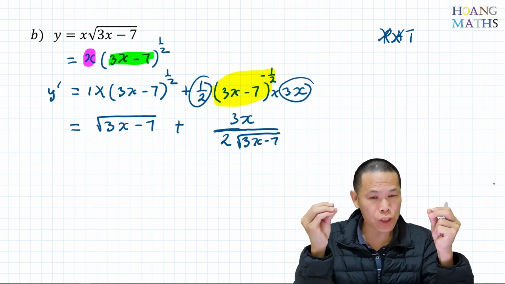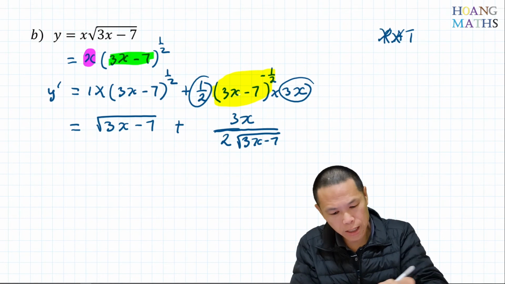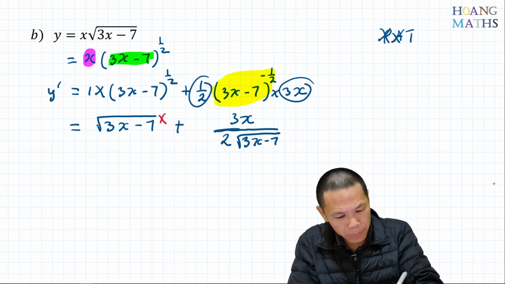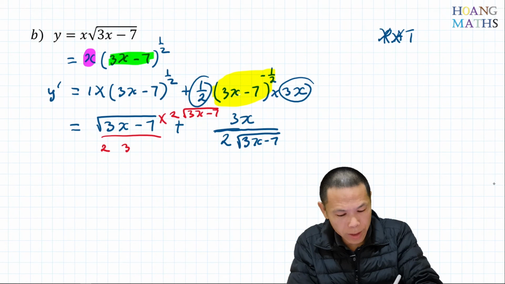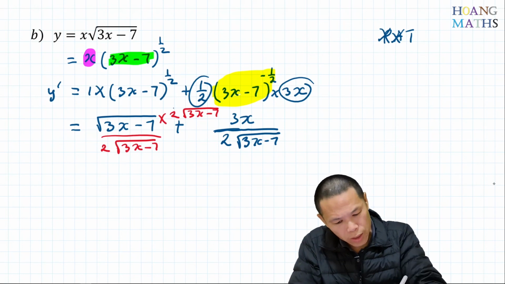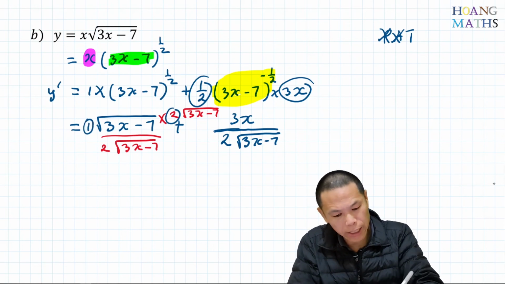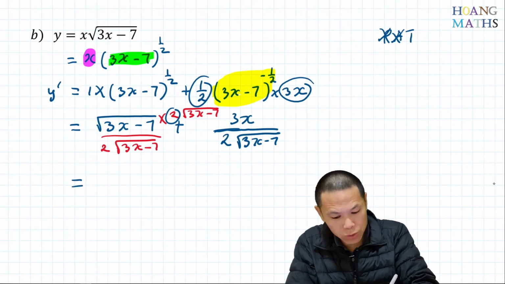So when you add fractions, the common denominator must be the same. So this one here, we need to times by 2 square root of 3x minus 7, and then we divide by 2 square root of 3x minus 7. There you go. But then remember 2 times nothing in here means 1, so 2 times 1 is 2. So just write 2.